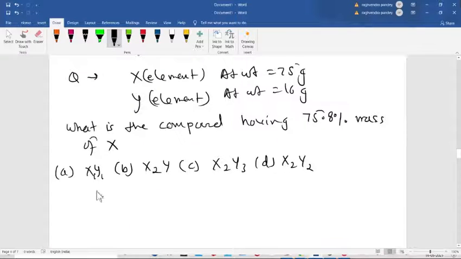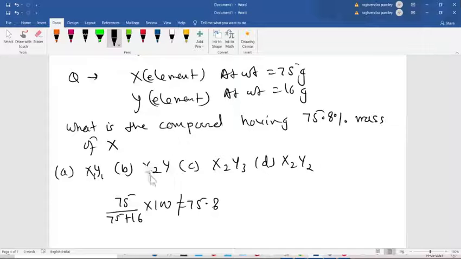Let's assume X is 75, divided by total mass 75 plus 16, into 100, and it should be 75.8. Are you getting 75.8 from this? No, because for 75.8 you need around 90. So that is not exactly coming, so this is not equal.